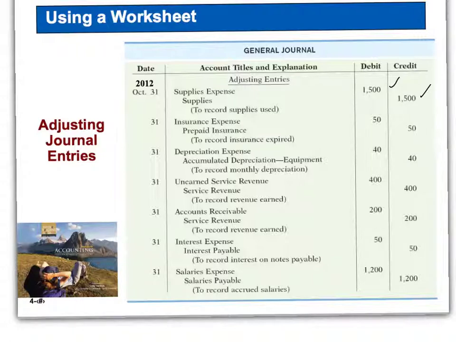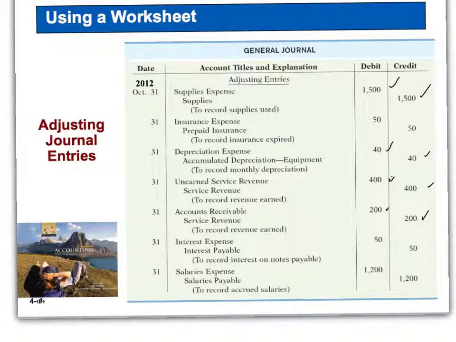We also looked at how we record depreciation and the accumulated depreciation. Our old friend unearned service revenue, and we recognize revenue. Then the accrued revenue, we have accounts receivable of $200, service revenue of $200, accrued expenses, interest expense, and salary expense. So those are adjusting entries.